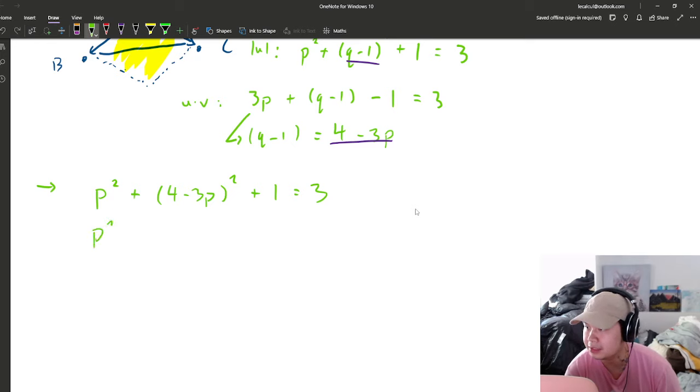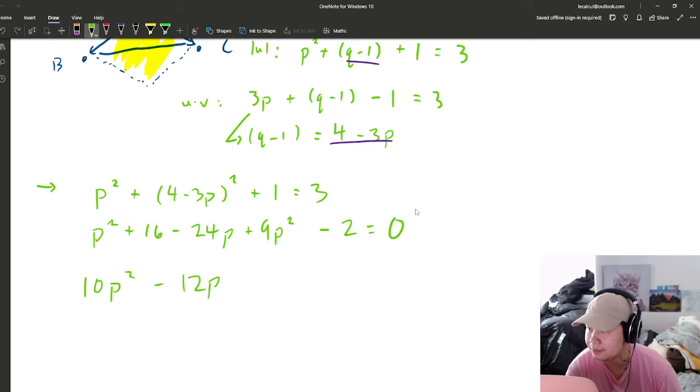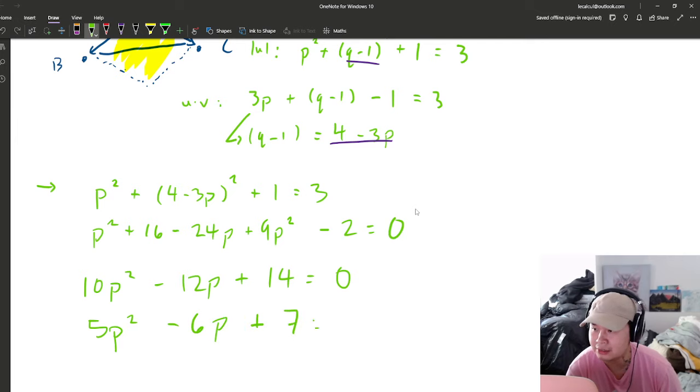Let's see. p squared plus 16 minus 24p plus 9p squared, and then this is minus 2 equals 0. In other words, we got 10p squared minus 24p plus 14 equals 0. We can divide everything by 2. So you got 5p squared minus 12p plus 7 equals 0.